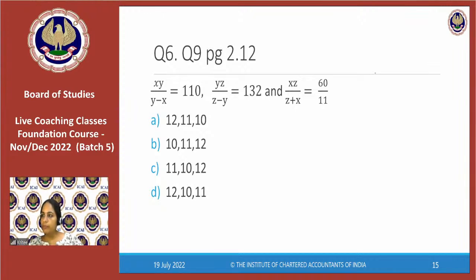So page number 2.12, that is exercise D, question number 9. In the same exercise, question number 10 we have just now done, 3 variables. Question number 9 is here, and you must solve for the answers.